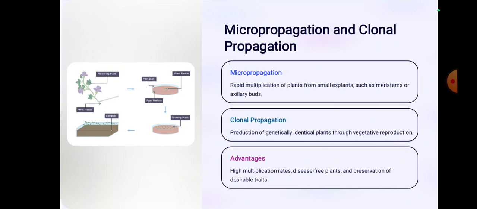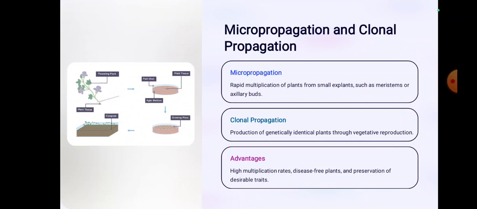Next, micropropagation and clonal propagation. Micropropagation is the rapid multiplication of plants from a small explant such as meristem or axillary bud. Micropropagation is an artificial process. It is an advanced vegetative propagation technology for producing a large number of transplants in limited time and space.